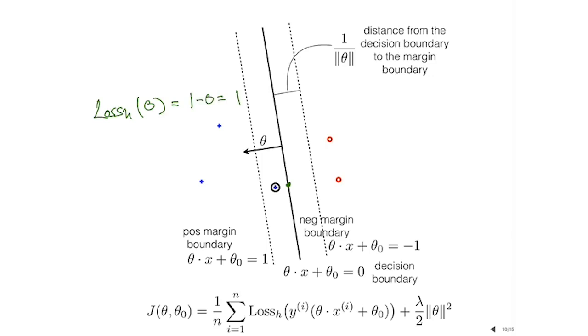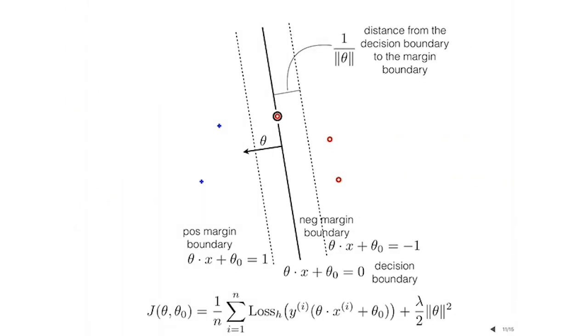Now this loss is a linear function of how much the point violates the margin boundaries. So the value is 0 here, it's 1 as it reaches the decision boundary. So the hinge loss for this point is then in between, which is exactly 1/2. Okay, it will be 1 as it reaches the decision boundary and larger beyond.